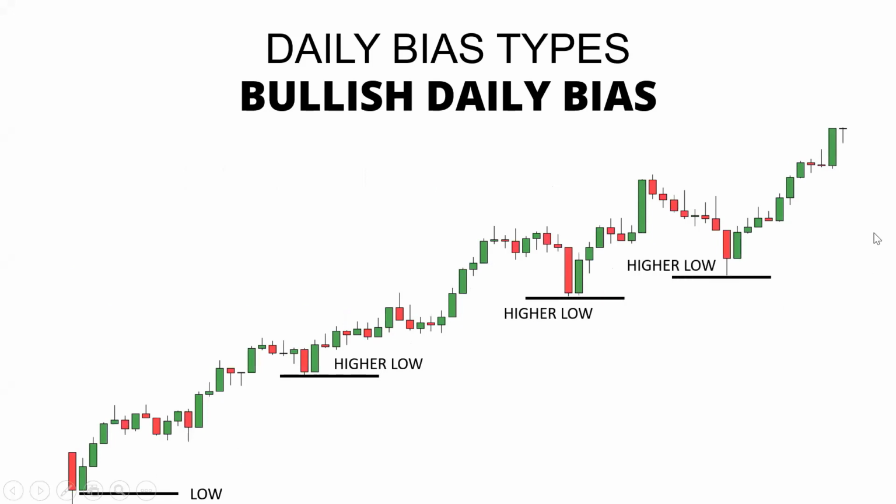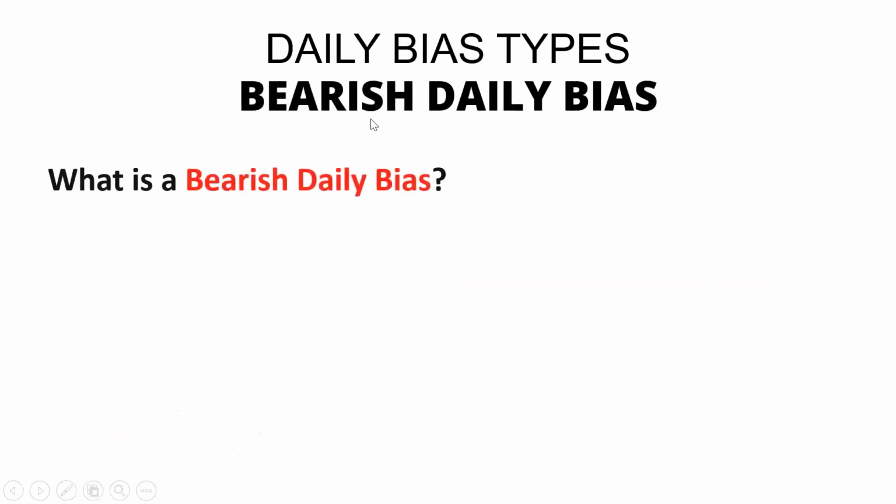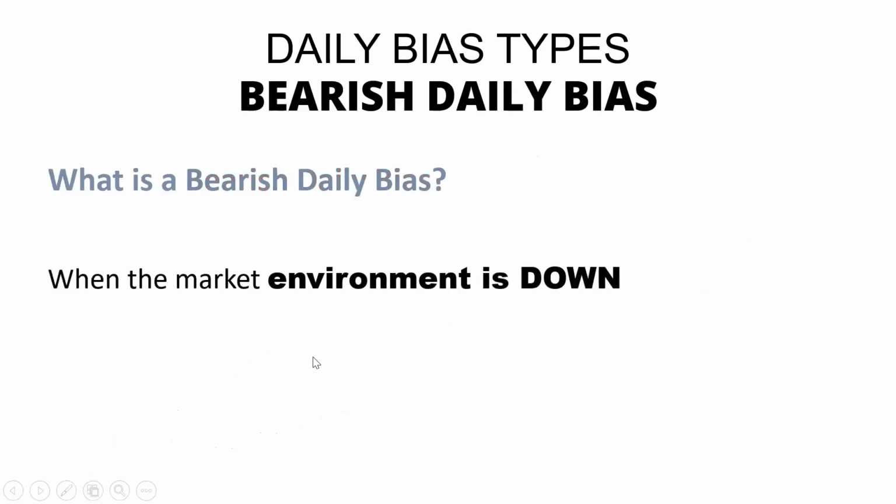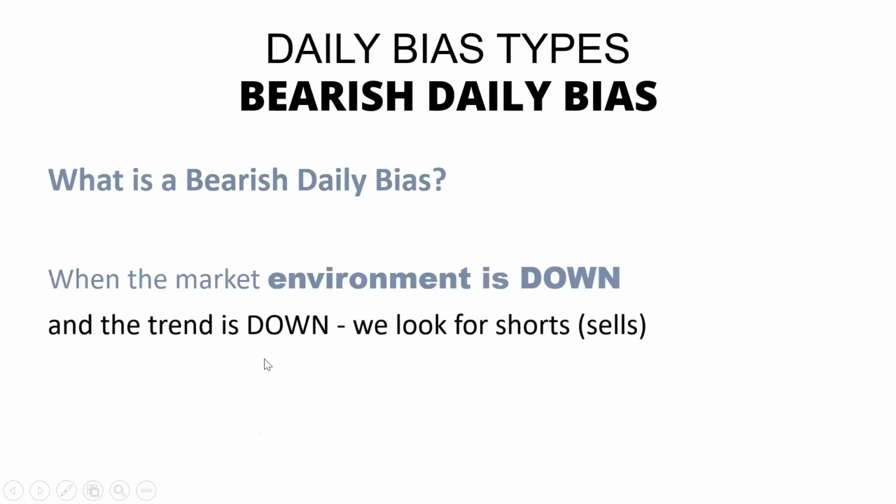There's clearly an uptrend. So in this situation, we would look for buys and we would look for longs and we would look for sell side liquidity, sell side liquidity, sell side liquidity, and then run up with the market. A bearish daily bias is when the market environment is down and the trend is down, we look for shorts or sells in the market.